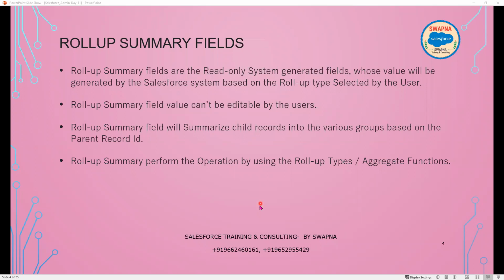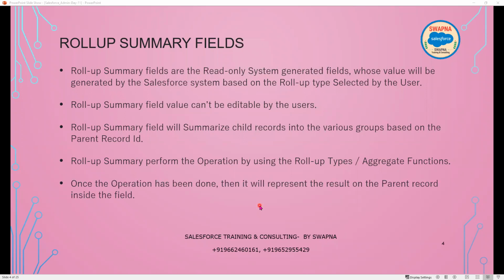Once the operation is done, it represents the result on the parent record inside that field. That means as soon as a candidate record is created for the related position, the count of the records on that position is automatically updated. Take a note of it.